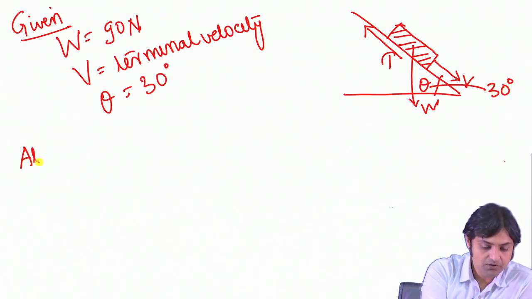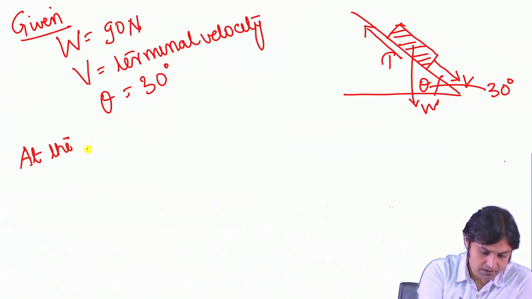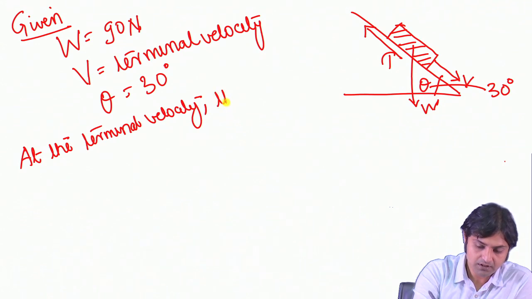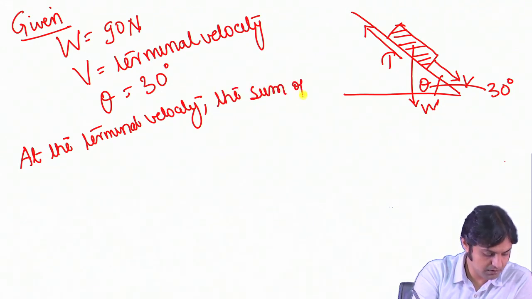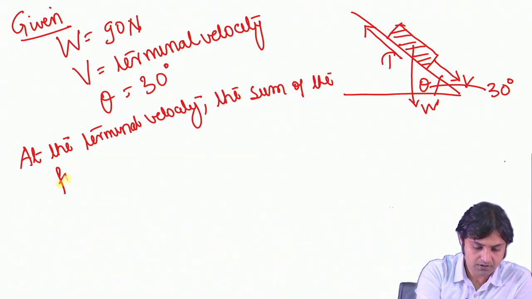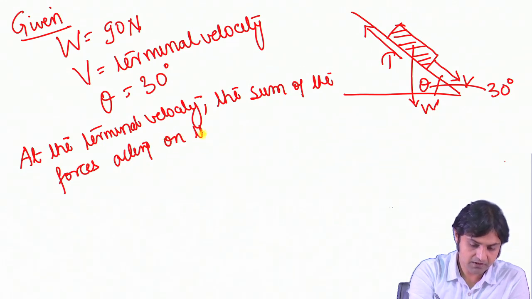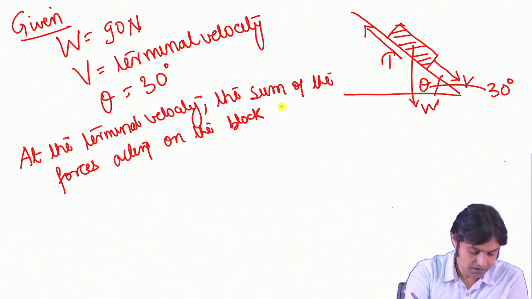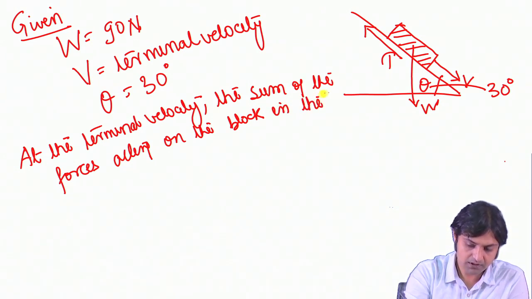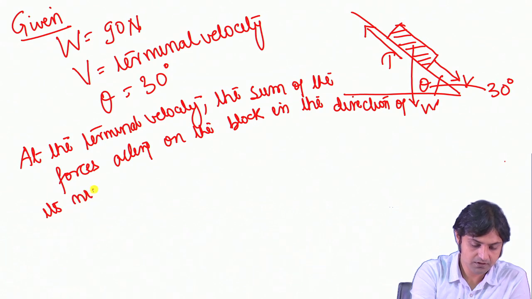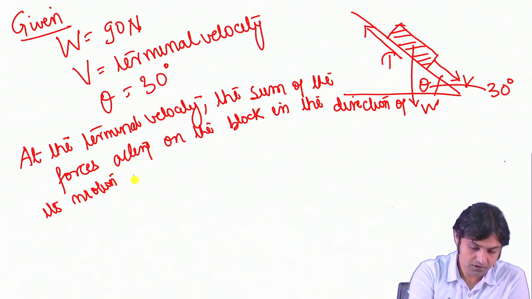It is important to note that at the terminal velocity, the sum of the forces acting on the block in the direction of its motion is 0.